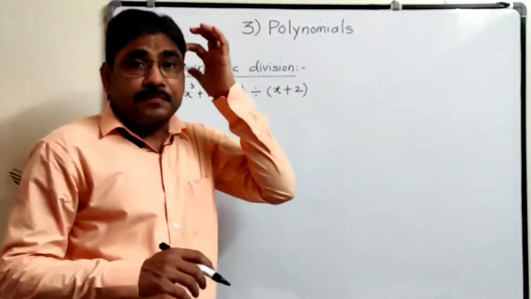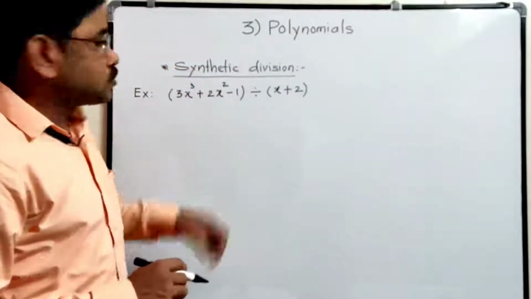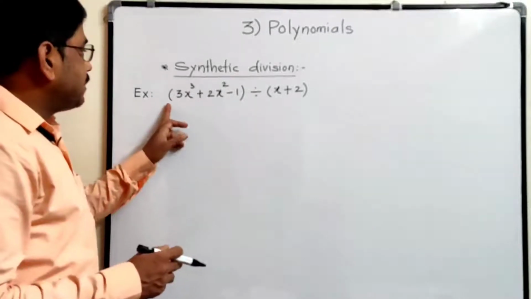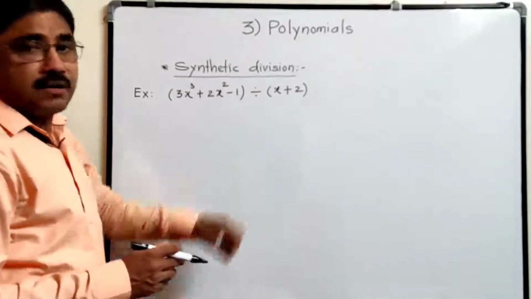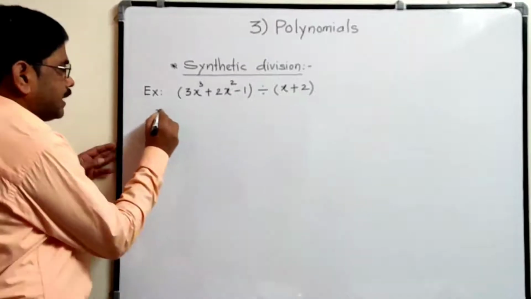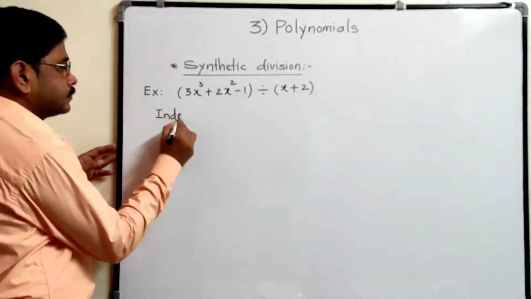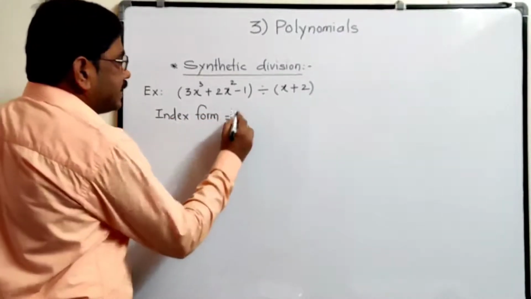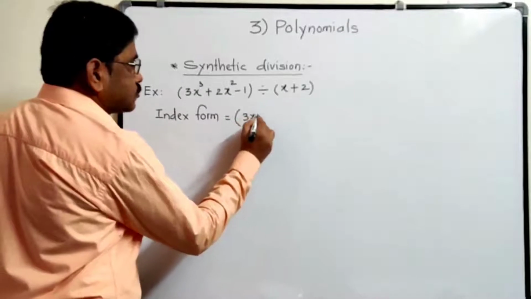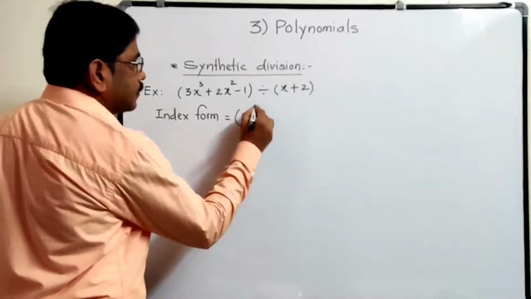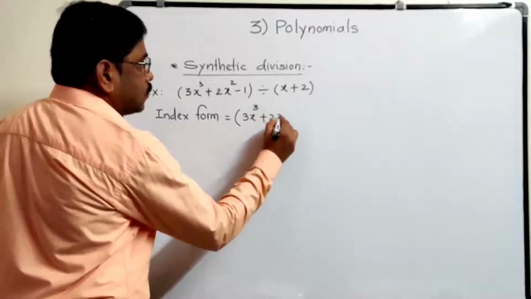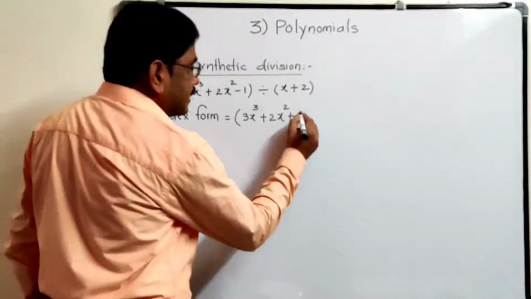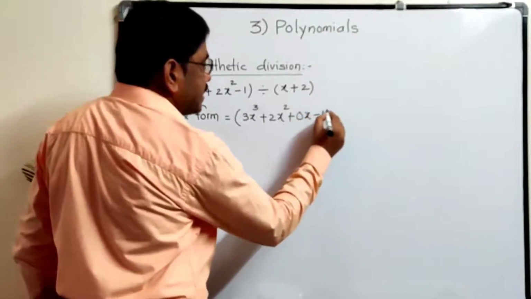Now the first thing, whenever we have to divide by synthetic division, we must write the dividend in coefficient form. Therefore, index form of the dividend is equal to 3x cube plus 2x square plus, here x term is absent, so write with 0 coefficient, 0x, and minus 1.